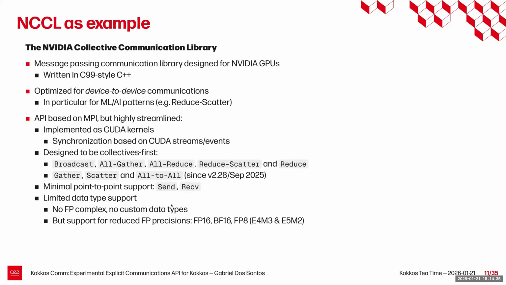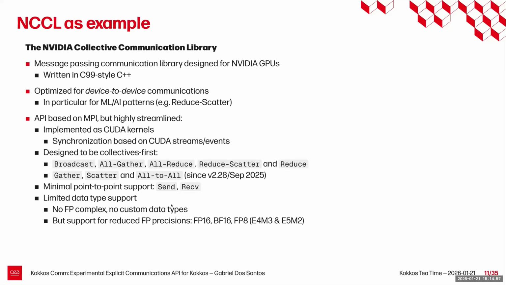So its API is very much based on MPI, but highly streamlined and simplified. It's implemented as CUDA kernels, and you synchronize on these communication operations the same way that you would synchronize on a stream or an event. And it's designed to be collectives first.